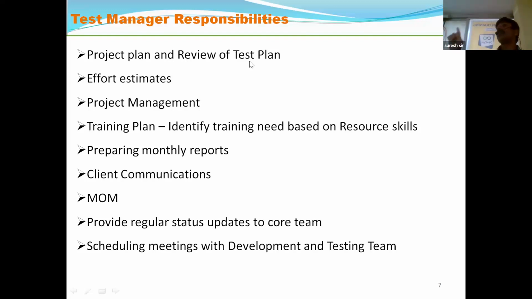The test plan is taken care of by the test lead. The test lead is responsible for preparing the test plan, and that test plan is reviewed by the manager.